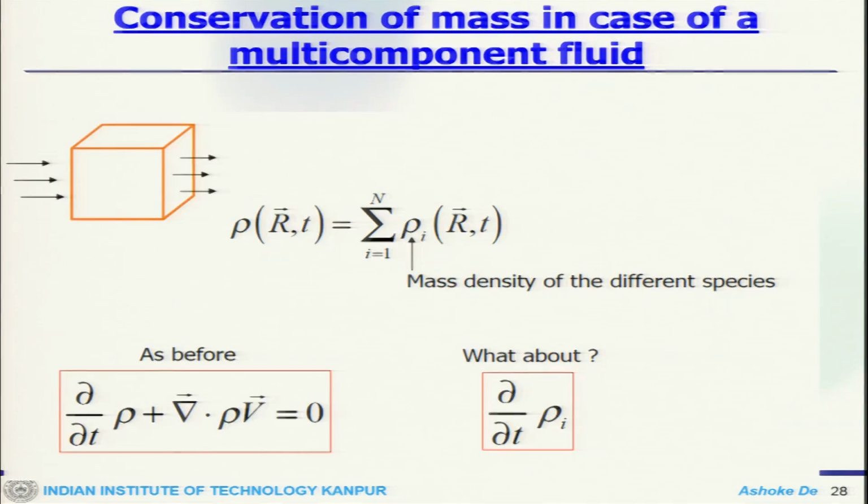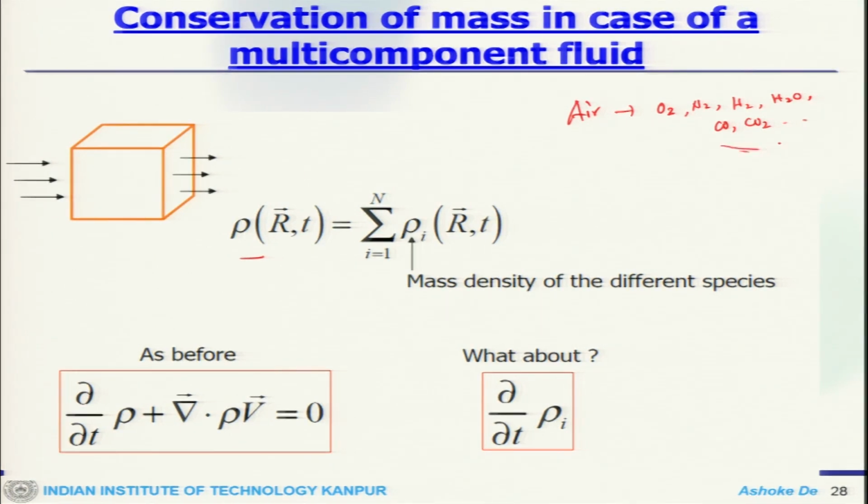Now, if you have a multi-component fluid, which typically is present in the system, you need the system density to be the sum of the densities of the different species. For example, air has by and large oxygen and nitrogen, but then you can have H2, some amount of H2O, some amount of CO, CO2 and so on. These may be very small by volume, but there are multiple species.